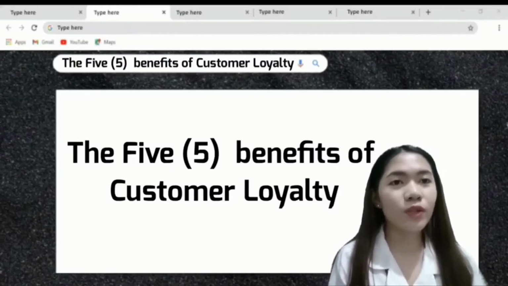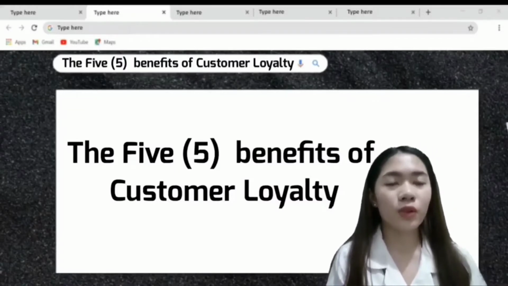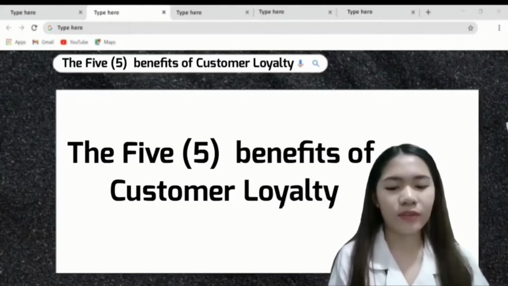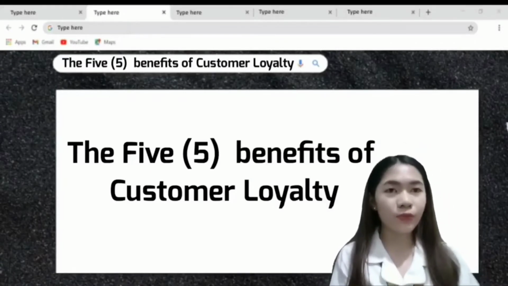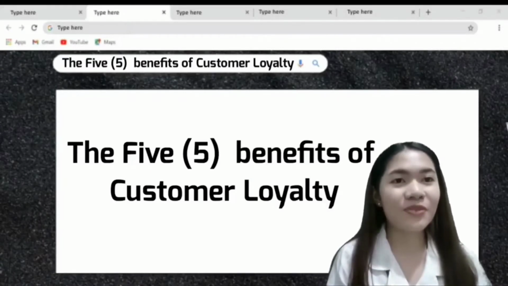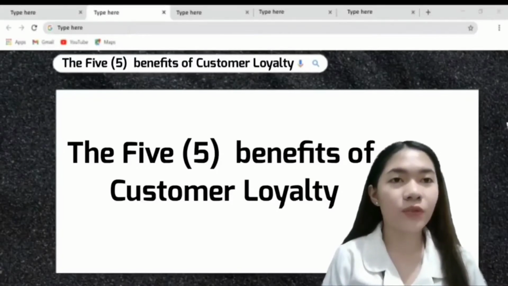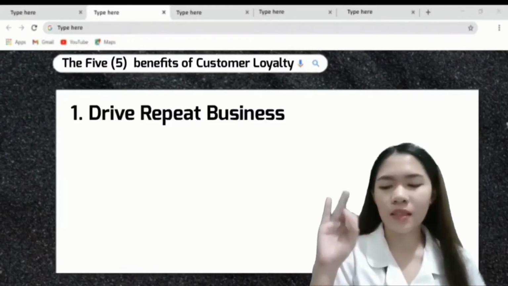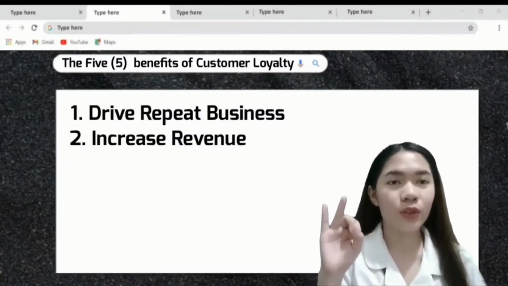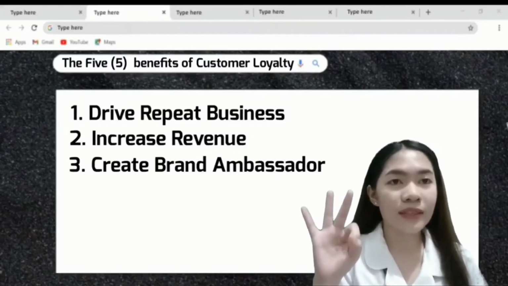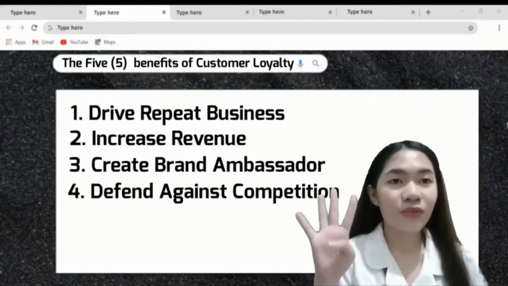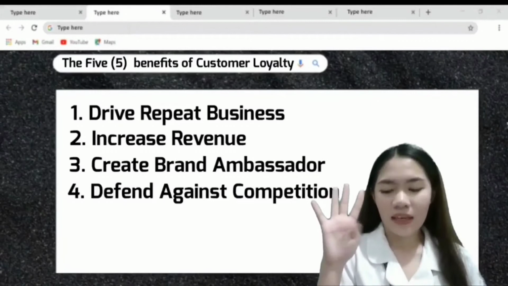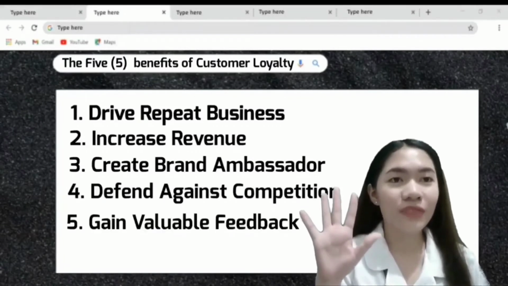In order to know the importance of customer loyalty, let me give you its 5 benefits. These 5 benefits are: number 1, drive repeat business. Number 2, increase revenue. Number 3, create brand ambassadors. Number 4, defend against competition. And lastly, gain valuable feedback.